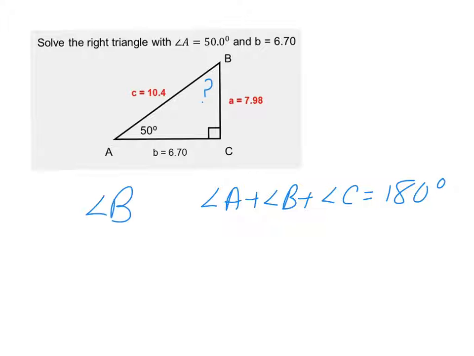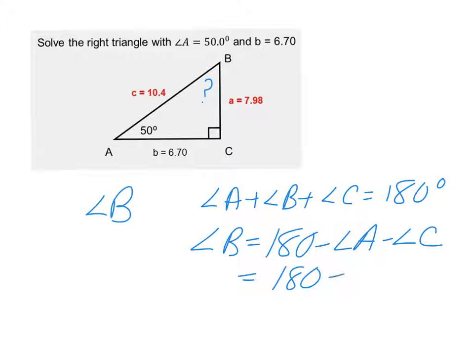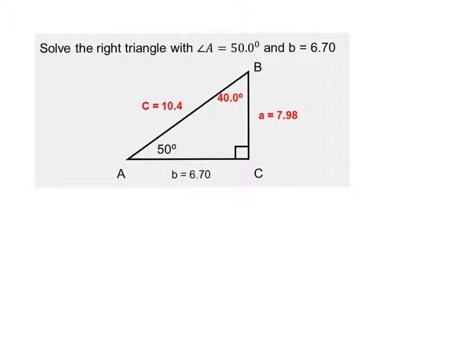I am looking for angle B, so I'm going to reorganize my formula, and I know that that's going to be 180 minus angle A minus angle C. So I'll have 180 minus angle A is 50 degrees. Angle C is 90 degrees, denoted by the square at the vertex. And that means that when I take 180 minus 50 minus 90, my angle B will equal 40 degrees.